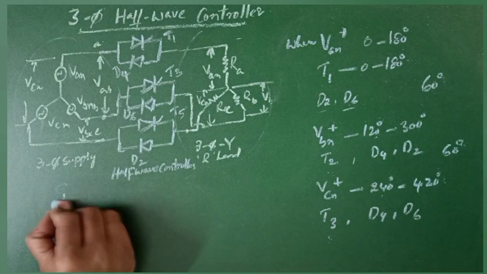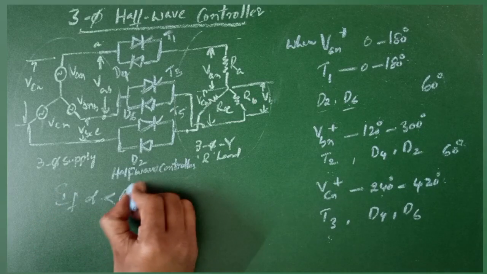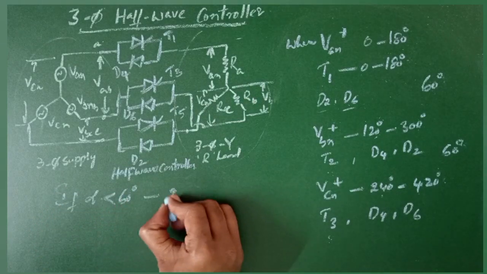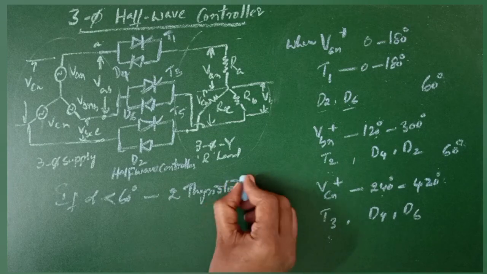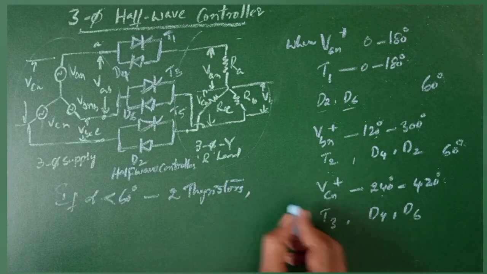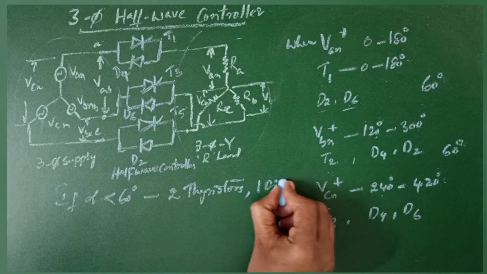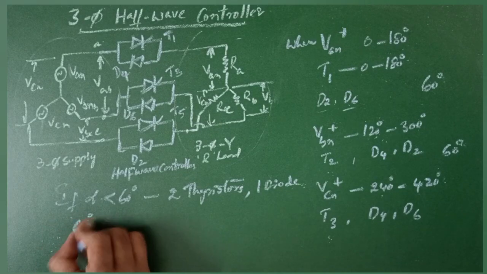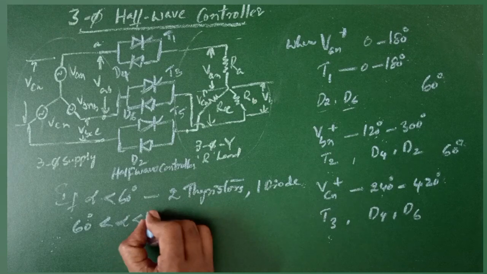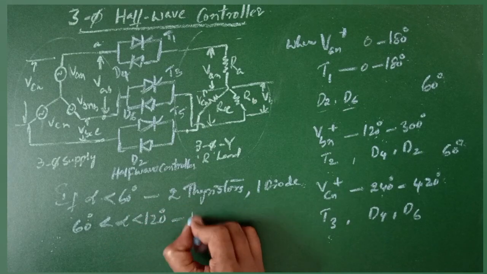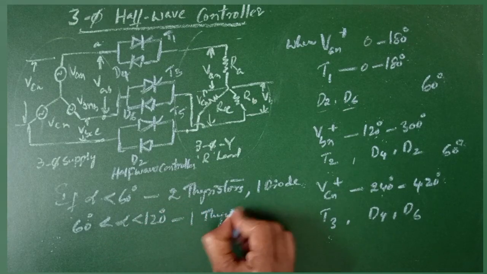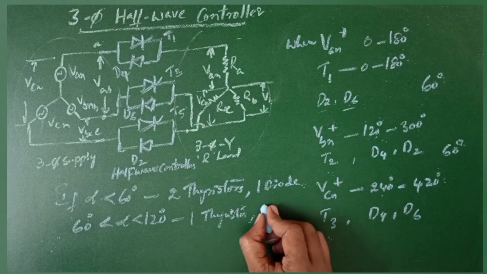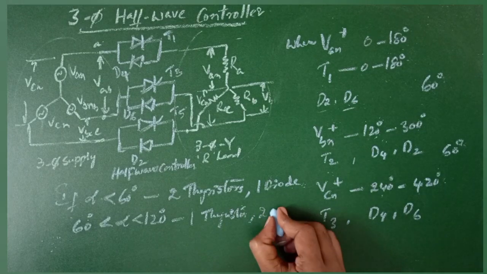If alpha is less than 60 degrees, we can say two thyristors will conduct and the return path will be shared by one diode. When alpha is between 60 and 120 degrees, one thyristor will conduct and the return path will be shared by two diodes or one diode.